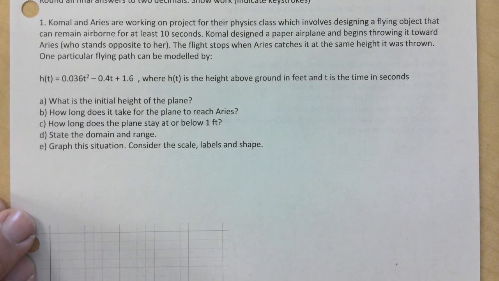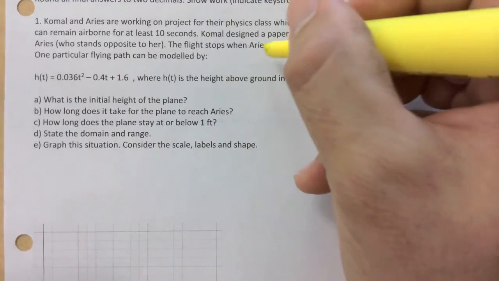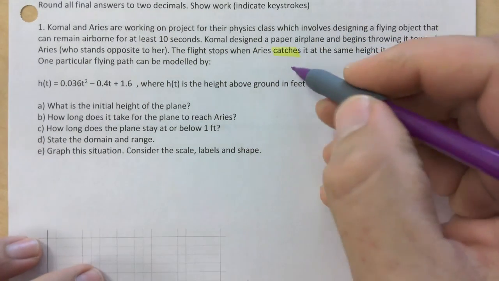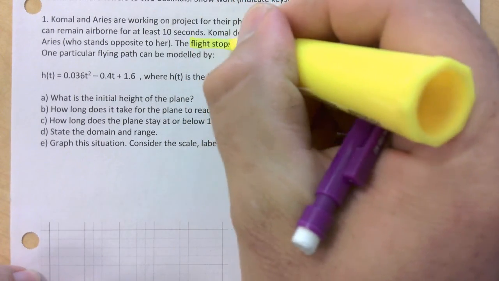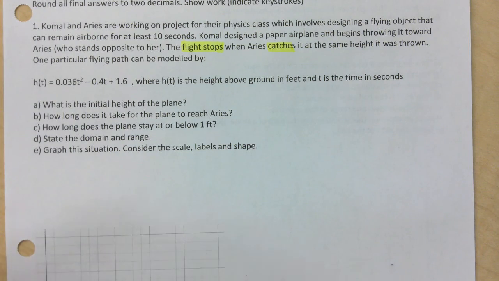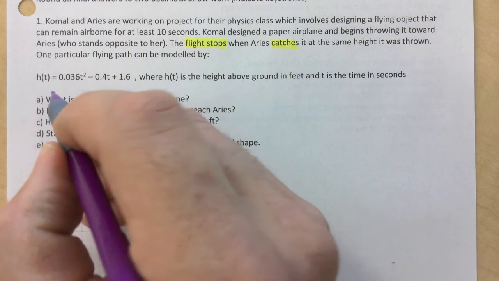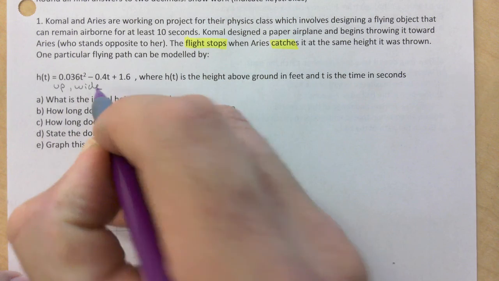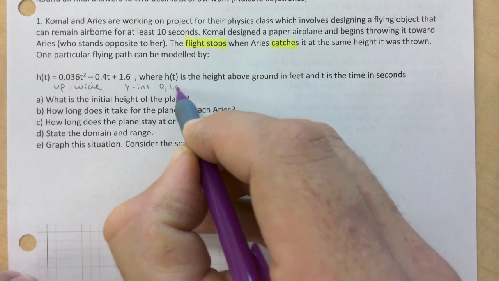One particular flight can be modeled by, notice that it says catches it, right? I would say the flight stops when it's being caught, so that's important to note later for the domain and range. Again, this one points up and it's wide, the y-intercept is (0, 1.6).